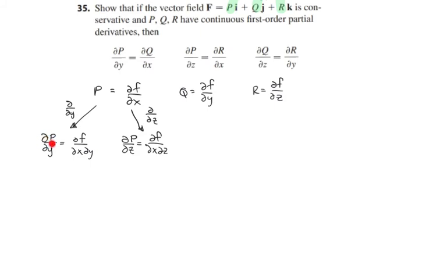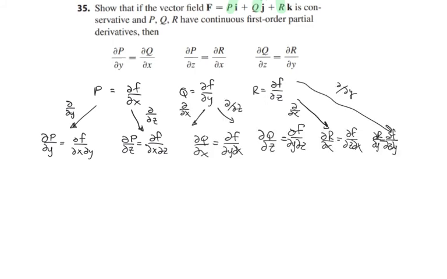So these things here, Py and Pz, those are mixed partials of f. Do the same thing for each of these. So this partial with respect to x, I took the derivatives y and z, the mixed partials. Partial with respect to y, I took the derivatives x and z, the mixed partials.